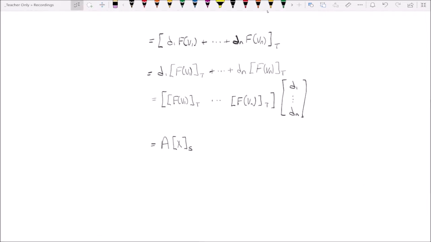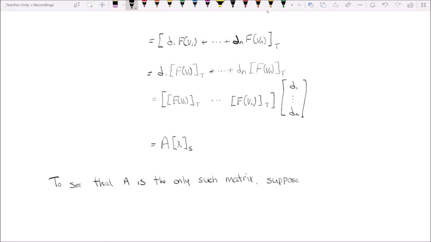Now, we just have to show that this is the only matrix.